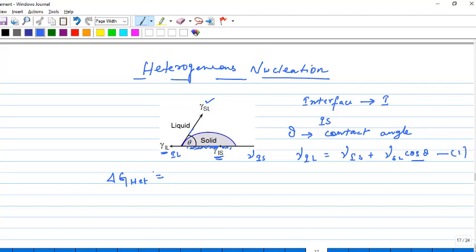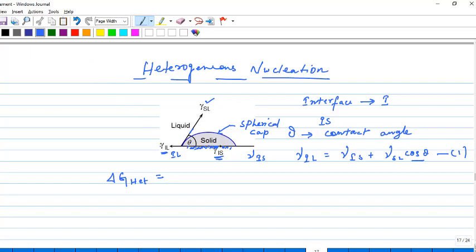One, of course, comes from the volume free energy change, and the rest will come from all these surfaces. In this case the nucleus which is forming is considered to be a spherical cap. So the area is derived based upon this assumption that the nucleus is in the shape of a spherical cap.